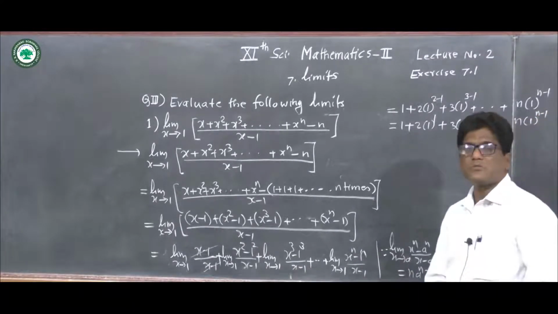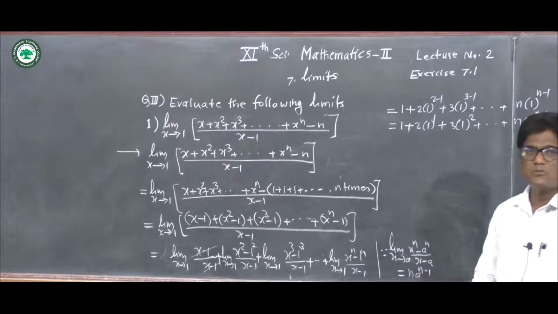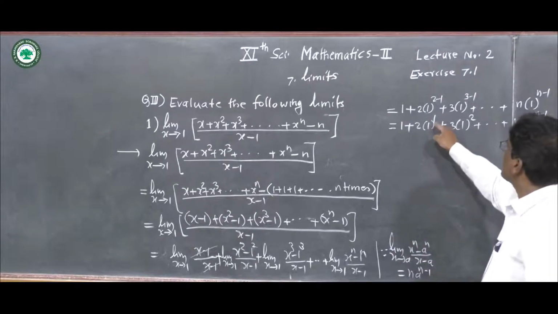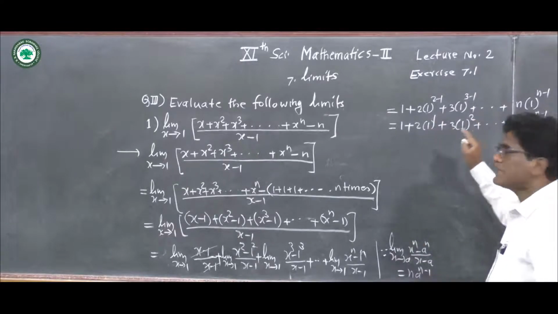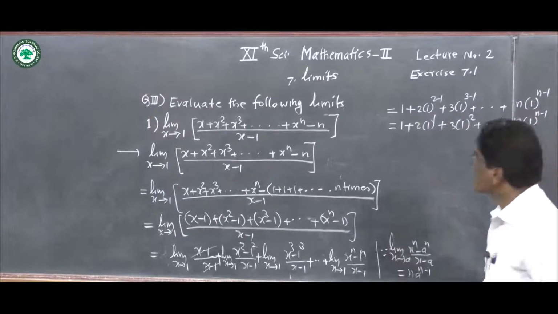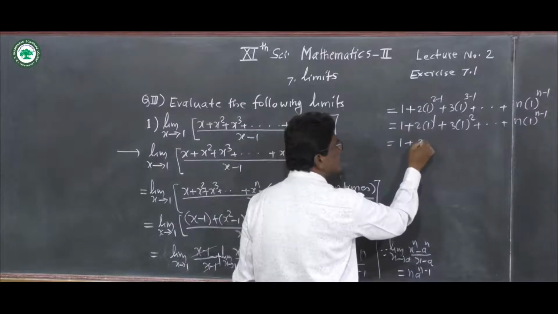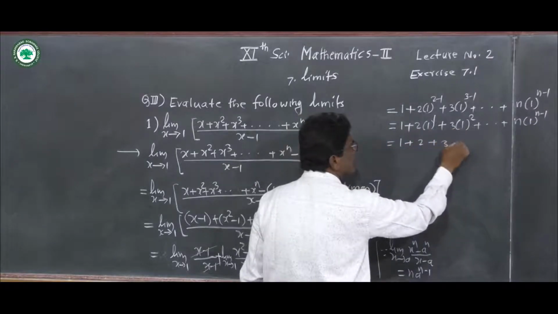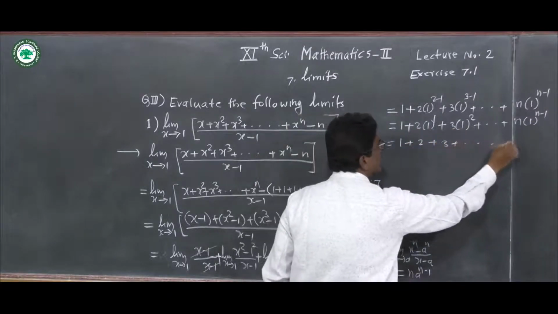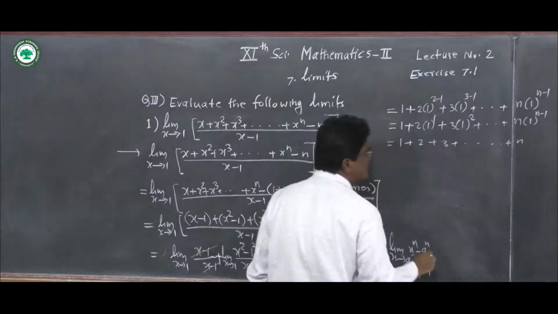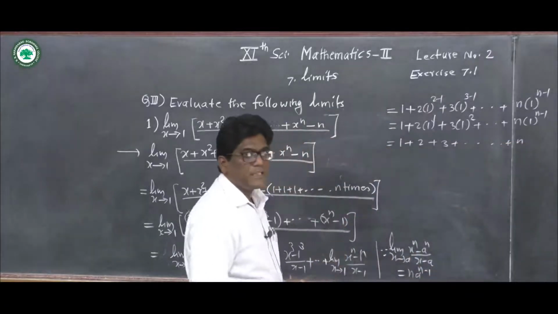But we know that 1 to the power anything is equal to 1. 1 to the power 1 is 1, 1 to the power 2 is 1, 1 to the power n minus 1 is 1. And therefore we get 1 plus 2 into 1, that is 2, plus 3 into 1, 3, plus and so on, plus n into 1, that is n. So this is the addition of the first n natural numbers.